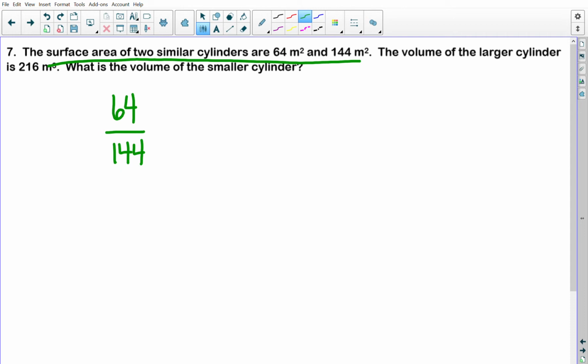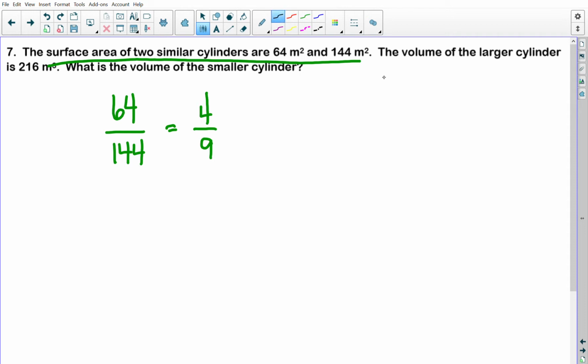I can reduce that all the way down to 4 over 9, because 144 divided by 16 is 9, and 64 divided by 16 is 4. Okay? So that is the ratio of the surface areas, but I'm looking for the ratio of the volumes.